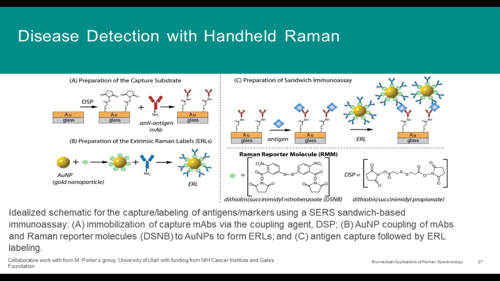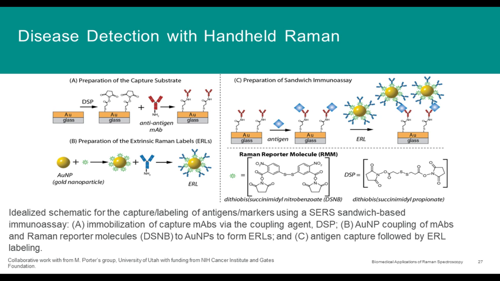And so this is research that's presented in collaboration with Mark Porter's group from the University of Utah. To detect tuberculosis biomarkers, they came up with what's called a SERS sandwich-styled immunoassay test. This will detect and potentially quantify the amount of the tuberculosis marker in human serum.